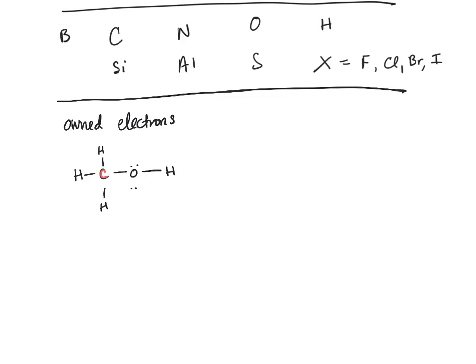With carbon, we know that this is supposed to have 4 bonds to be neutral. With oxygen, we need 2 bonds and 2 electron lone pairs to be neutral. So here we have no formal charges on the molecule.